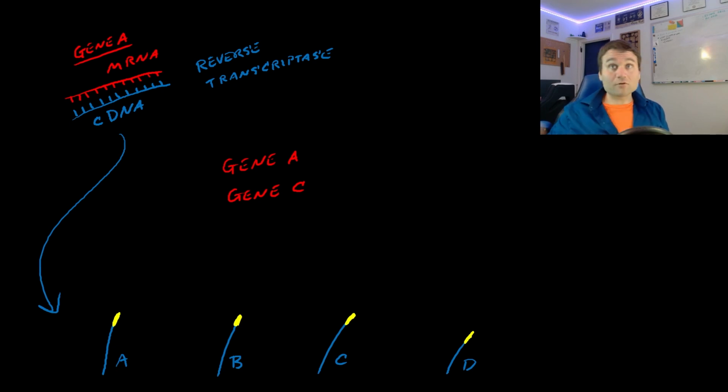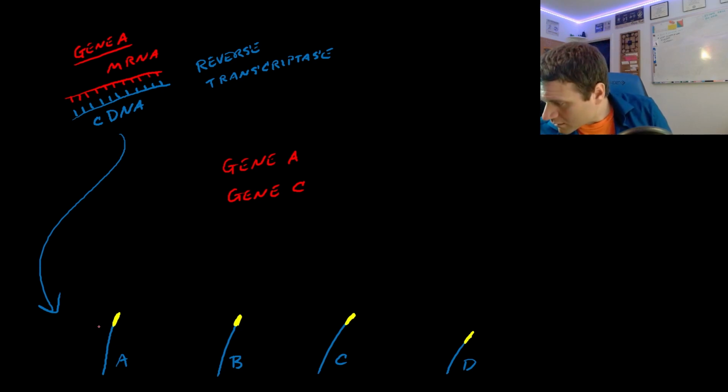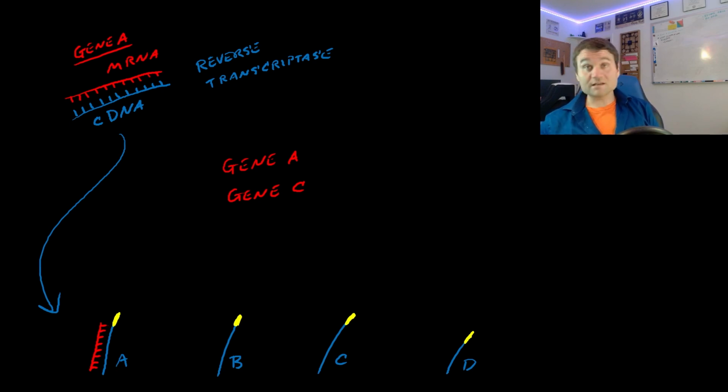And then I can spread that mRNA over all of these cDNAs, all these little sections of DNA that are attached to that glass plate. Gene A, the mRNA for gene A will attach to the cDNA for A. Gene C, the mRNA will attach to this one.